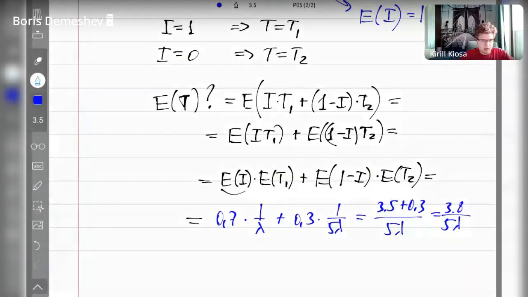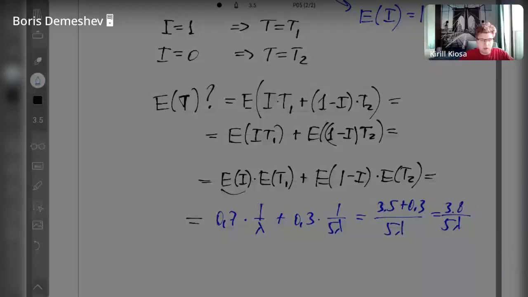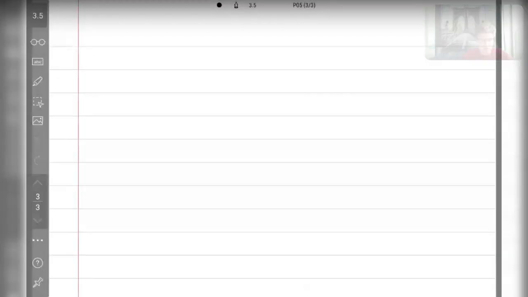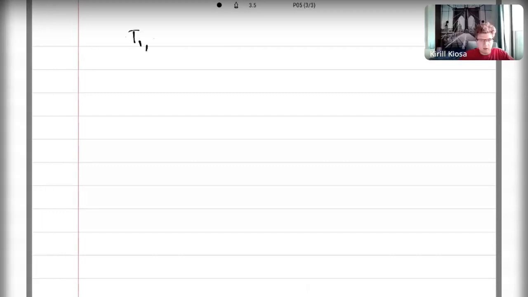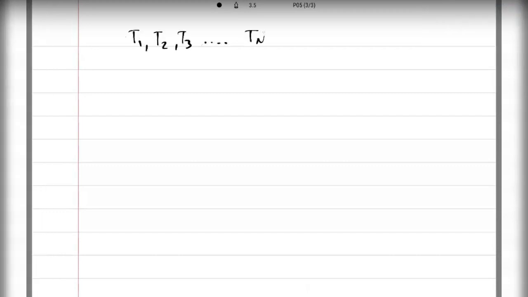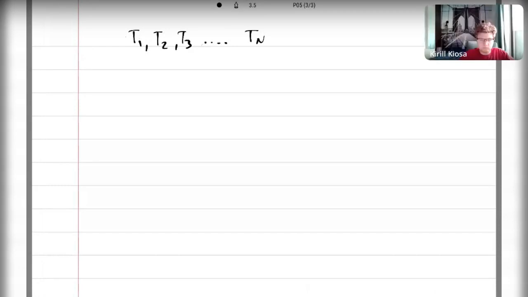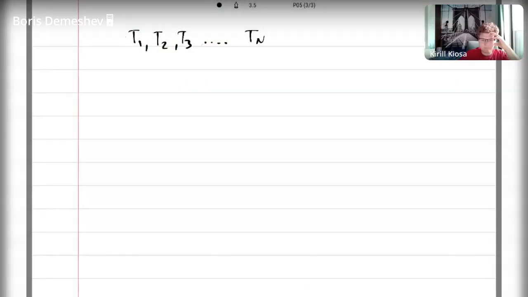Now maybe the hardest part. We have a second source of randomness. We have T1, T2, T3, Tn. And from a student viewpoint, before an exam, the number of questions may be seen as a random variable.